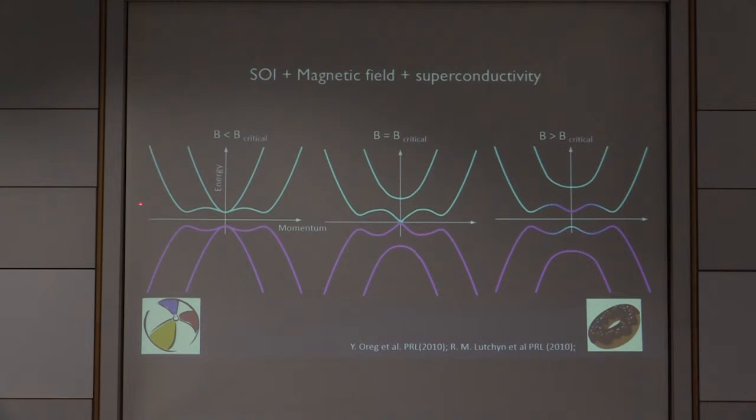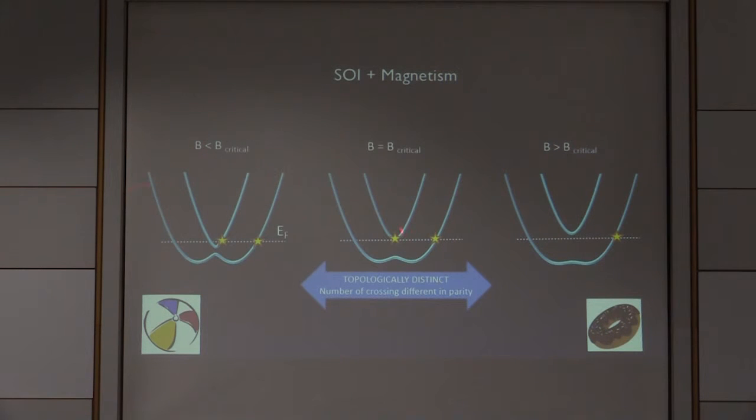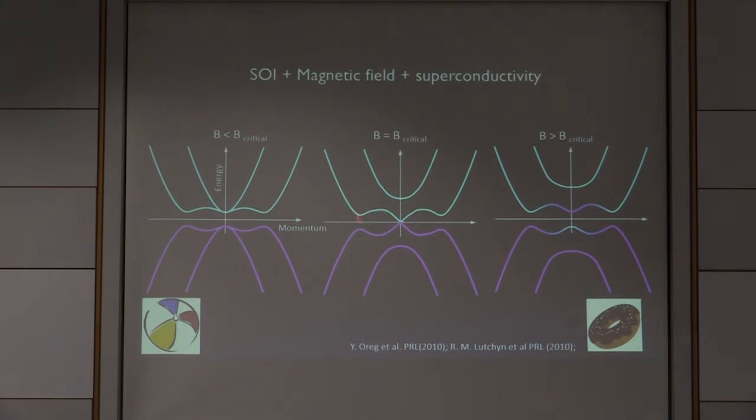But as you go from this situation, where you have a crossing at k equals 0, this crossing remains. And what happens if you go beyond this picture is that you will have some kind of band inversion. And this is what we call topological superconductivity, in contrast to normal, usual superconductivity.